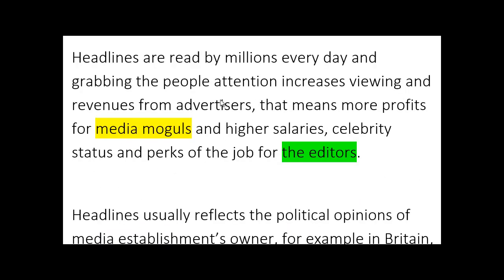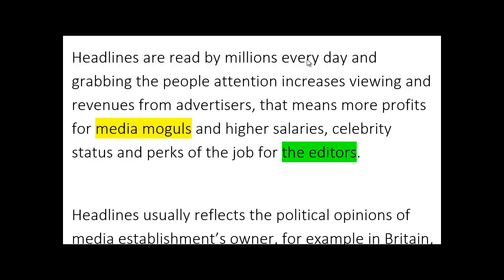Headlines are read by millions of people, and the more people read headlines and view it, the number of viewers increases. When the number of viewers increases, in the days of the newspapers, we used to call it circulation, which is how many copies are sold.